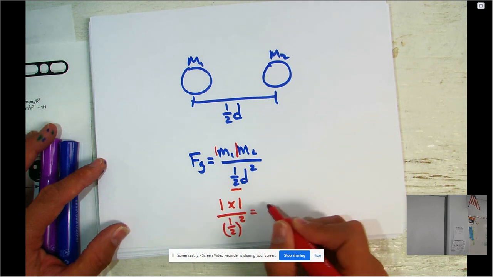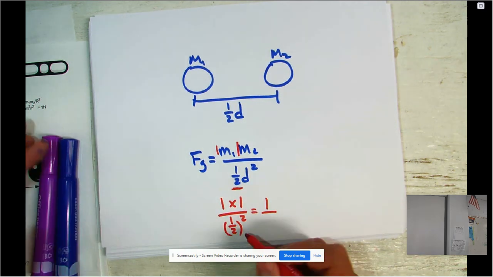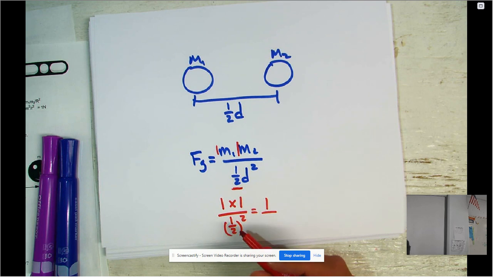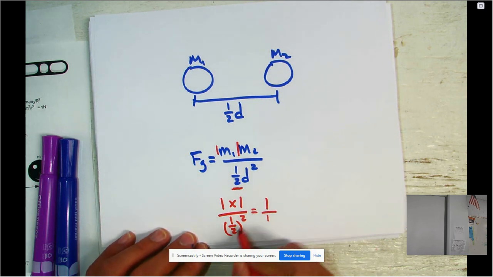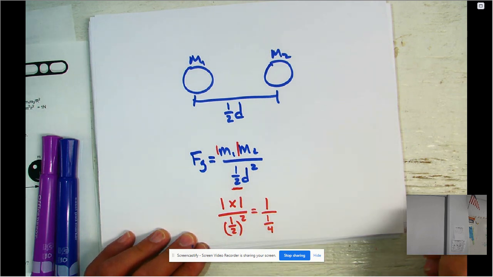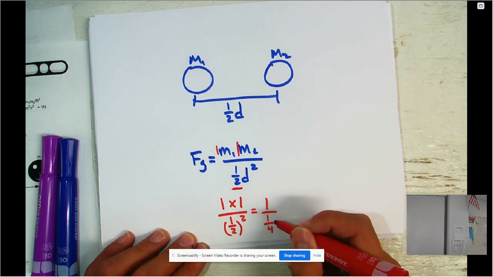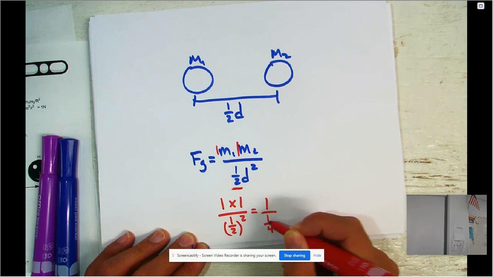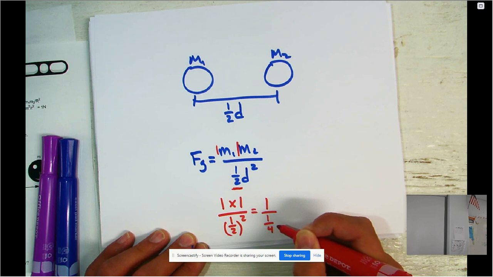So 1 times 1, that's easy enough. That's just a 1. Now, if we're squaring a fraction, you square the top and you square the bottom. So 1 squared would just be 1, and then 2 squared would be 4. So 1/2 squared is 1/4. Now, you can't divide by a fraction here. So what you have to do is flip this, take the inverse, and then multiply it.